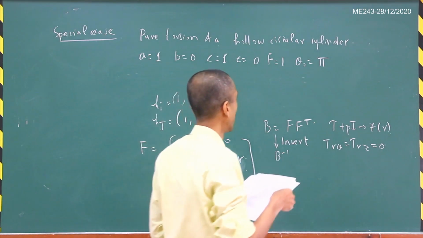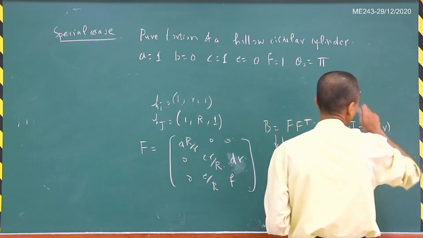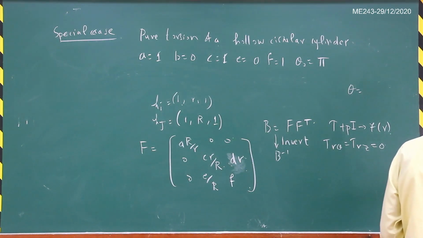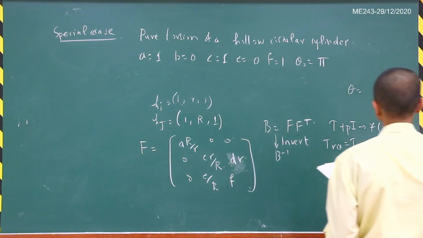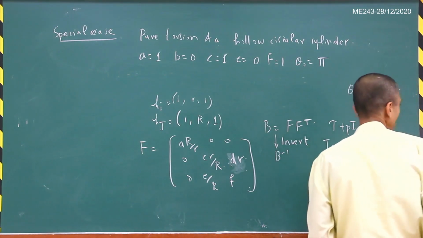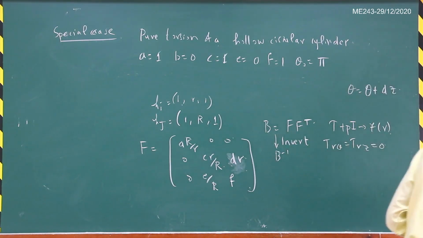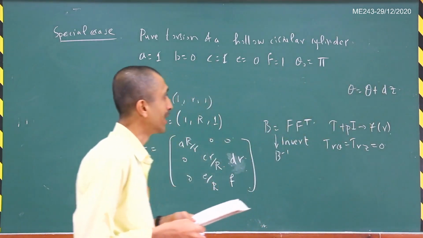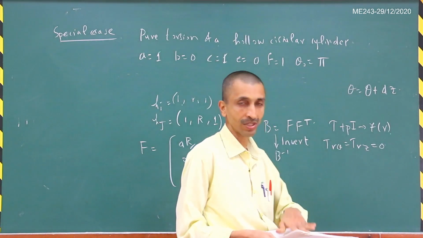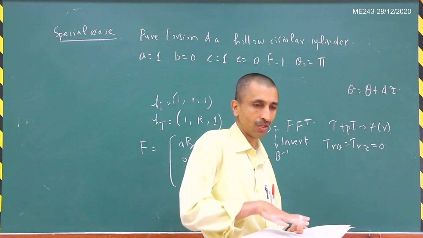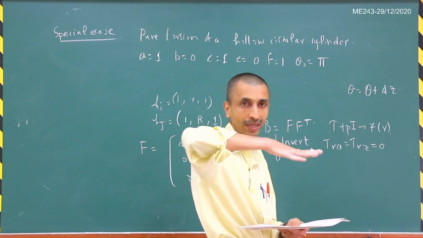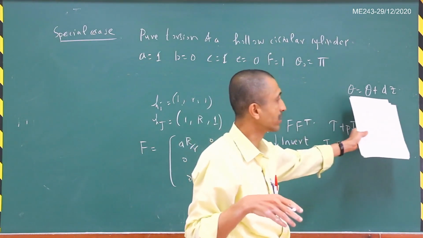So theta now is equal to c theta, so that is theta plus d z. Correct. So basically, you can see that when z is equal to 0, then theta equals theta. So the bottom surface is fixed, and then your top surface is twisting in its own plane like this. So that is what this equation says.